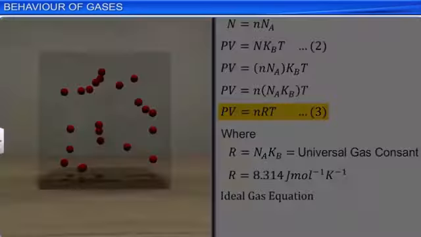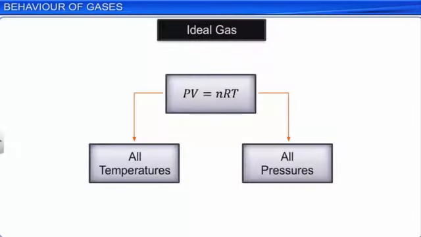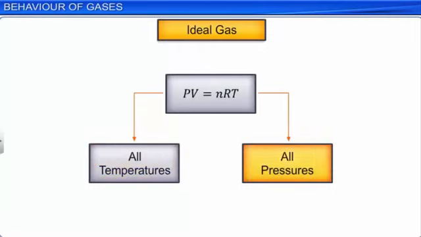A gas that satisfies the ideal gas equation at all temperatures and pressures is defined as an ideal gas. The concept of an ideal gas is merely theoretical. In practice, there is no ideal gas.